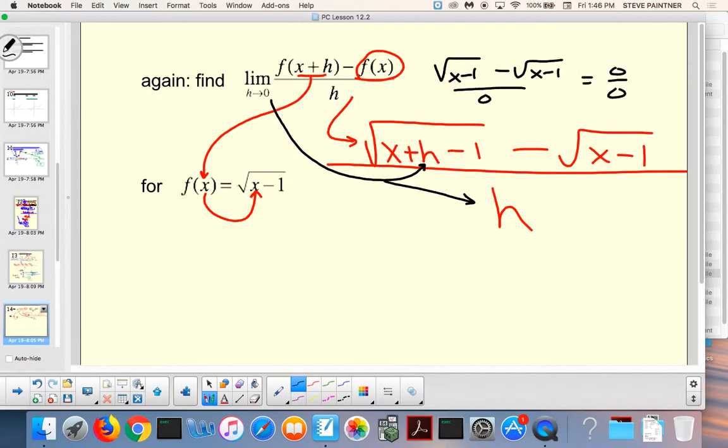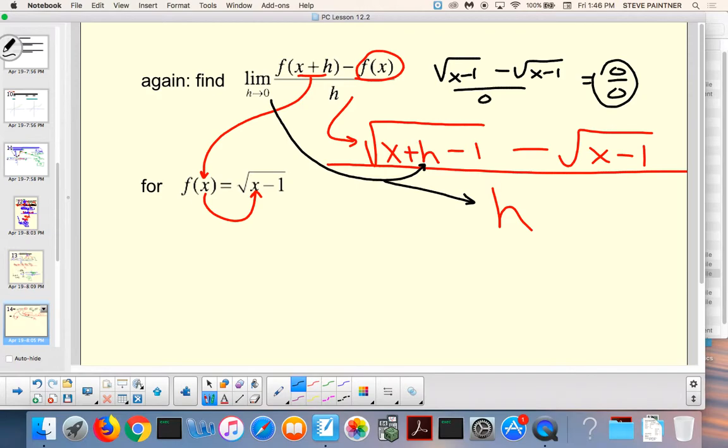So that's why this is not working. We know the limit exists, so how can I clean up that ugly expression? We did it yesterday. Multiply by the conjugate. Yesterday we rationalized the numerator.